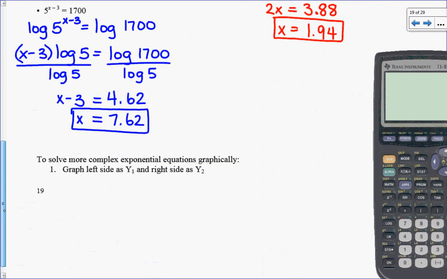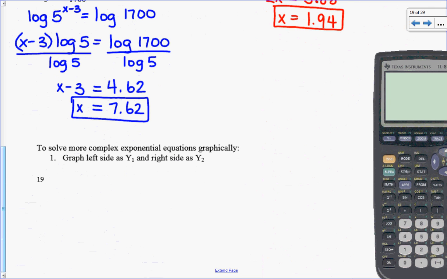Now, once in a while, you get a situation that is a little more complex to solve, and for some reason, this first step is on the bottom of my page 19. I think in your book, it should be at the top of the next page. At the top of page 20 is where you'll find this information.